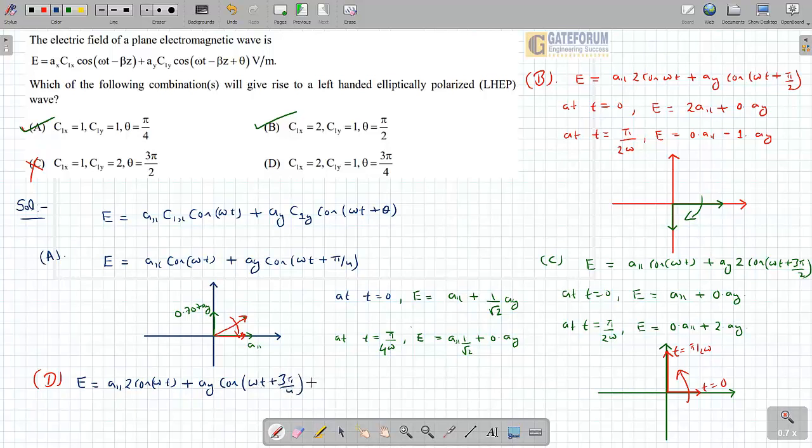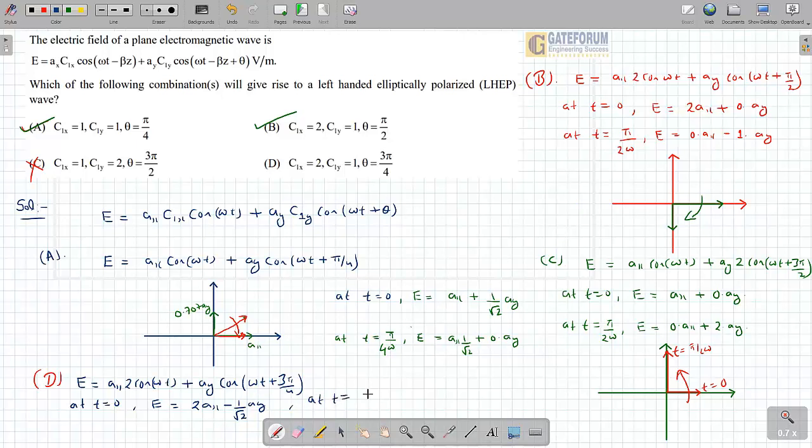Okay, so let us write down the equation. At t equal to 0, E is going to be 2Ax. Cos 3 pi by 4 is minus 1 by root 2. So that will become minus 1 by root 2 Ay. Right?